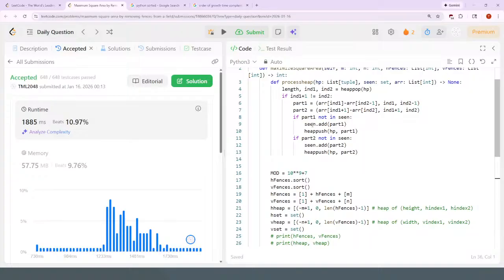I wonder if it's the set that's slowing it down. You can deal without the set. Could I do it without the set?